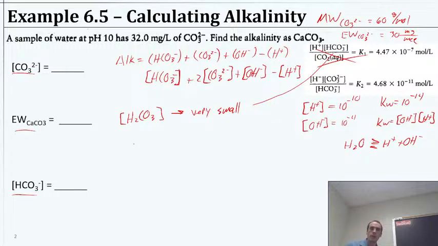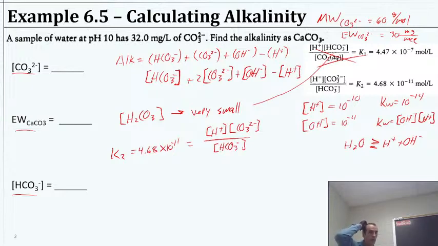That means we can simply use one equation, this K2. We've got it as 4.68 times 10 to the minus 11. This is a way we can get to how much of our system is in CO3 2 minus versus HCO3 minus.